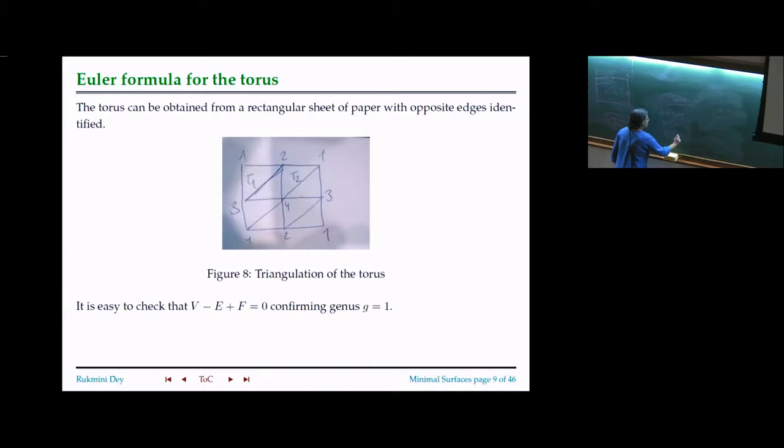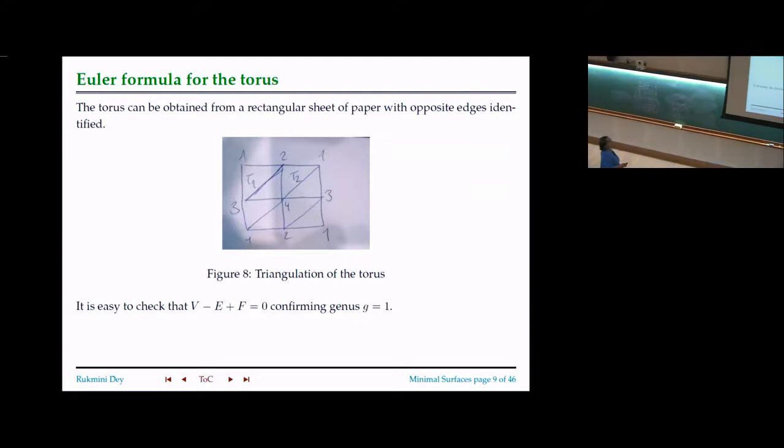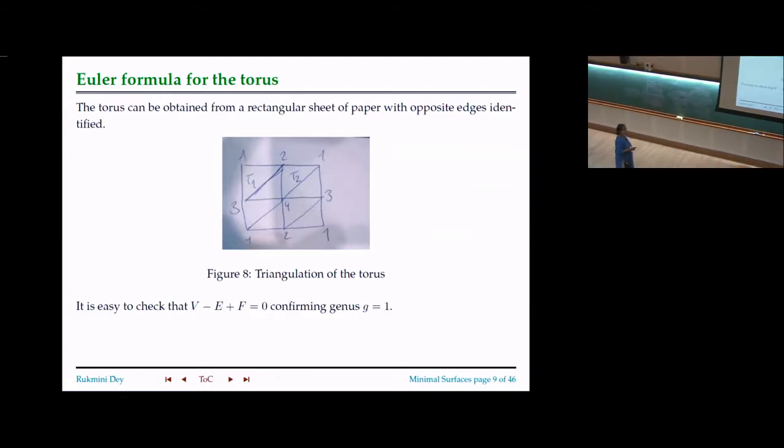And the number of faces, do you agree with the number 12? See, there are 8 faces in the middle which we have not identified with anything. 1, 2, 3, 4, 5, 6, 7, 8. And then this one, this one, this one and this one. So 8 plus 4, 12 faces.